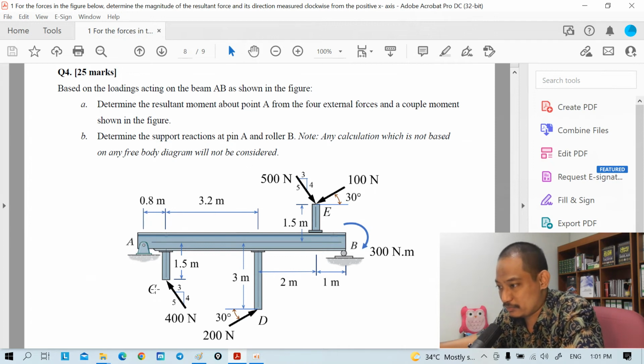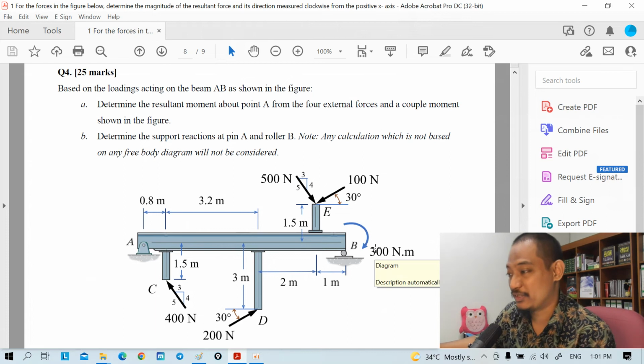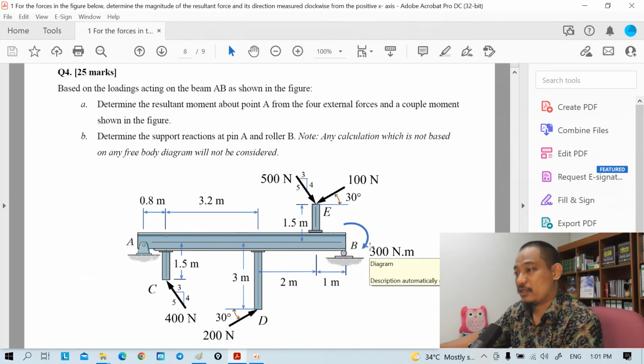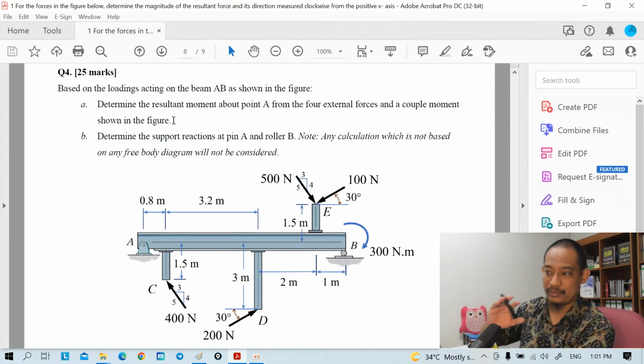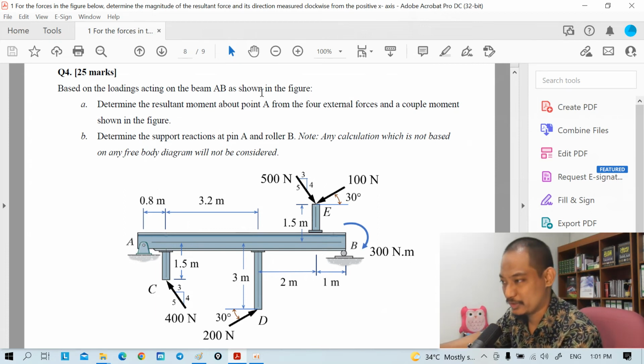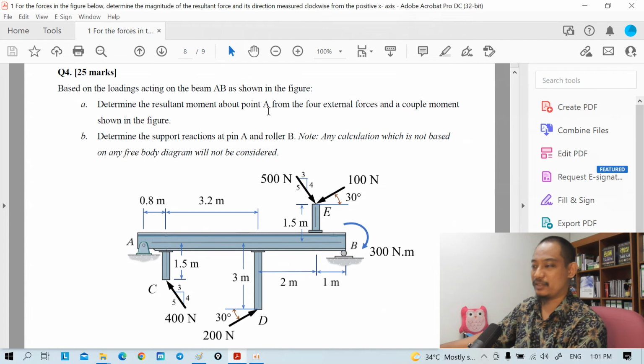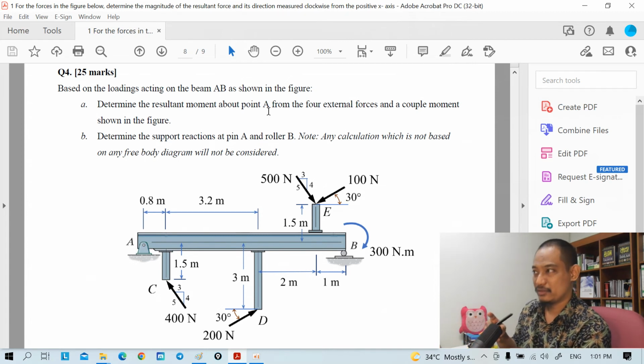So we have forces here. This is 400 Newton, this is 200 Newton, this is 500, this is 100, and then this is couple moment of 300 Newton meter. What is the resultant moment? Right, so just find the moment about point A. So interestingly, in this final exam and this midterm exam, there's a lot of moment calculation involved.